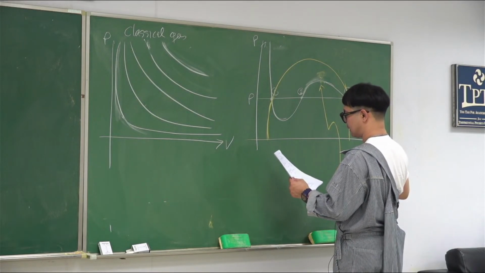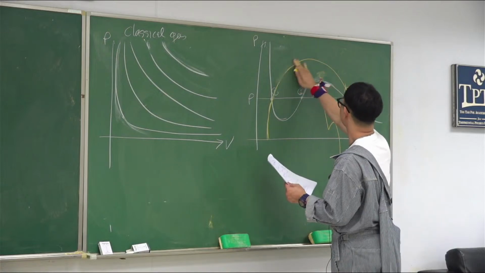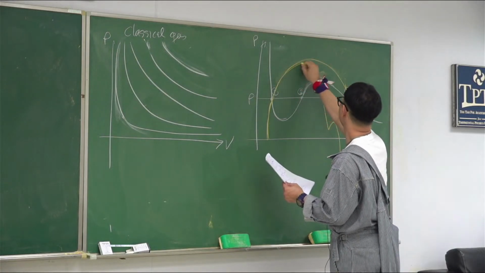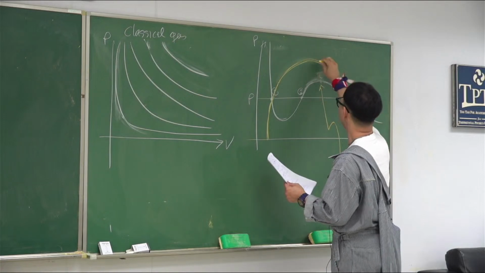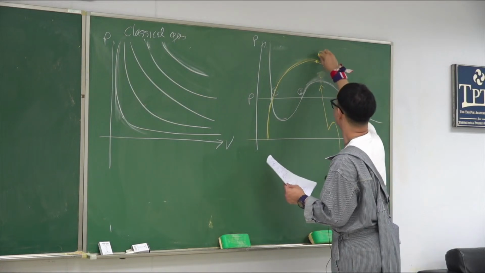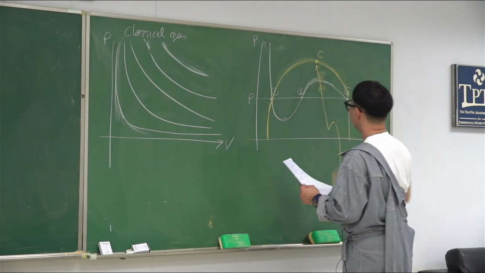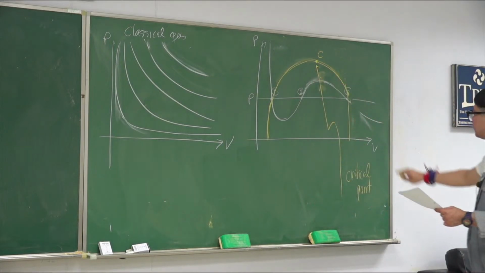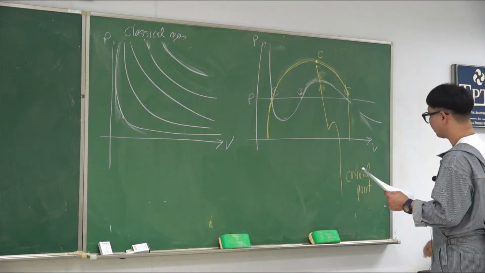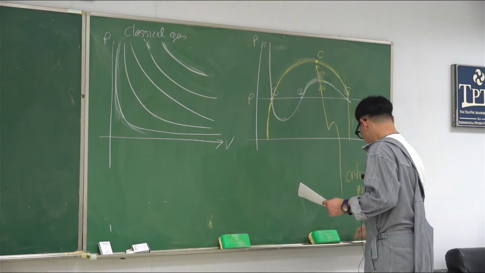It's really difficult to draw by hand. Anyway, this C is the critical point.